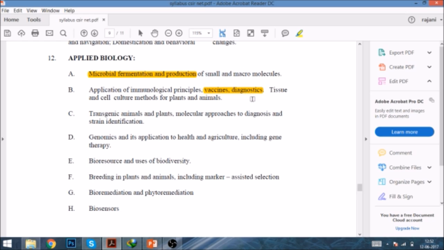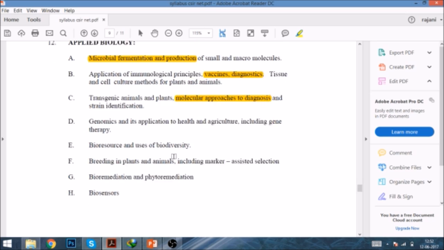In diagnosis, some diagnostic tools can be involved in the questions, like what the diagnostic tools will be for particular diseases, and how we can tag them with some type of fluorescent compound or protein, or whether there is any reactant for the diagnosis of particular diseases. Or simply we can say that western blotting and eastern blotting can be asked in this applied biology section. Molecular approaches for diagnosis, like hybridization techniques and all, can be asked.